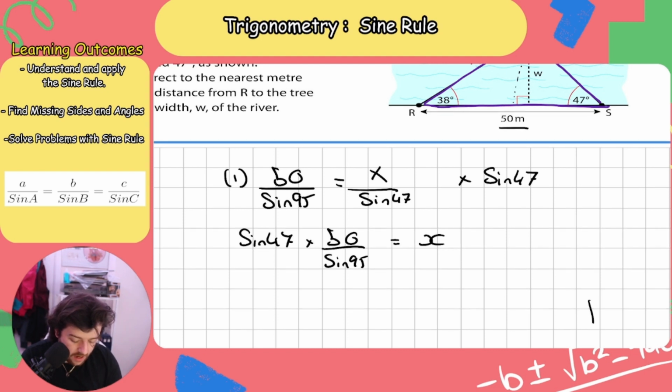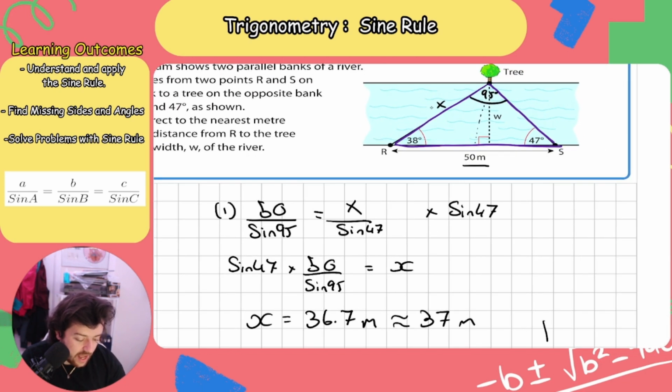Put this in your calculator, sine 47 times 50 over sine 95. And that's going to be equal to x is equal to 36.7 meters, but it says to round, so it'll be 37 meters. So the length from O to the tree is going to be 37.